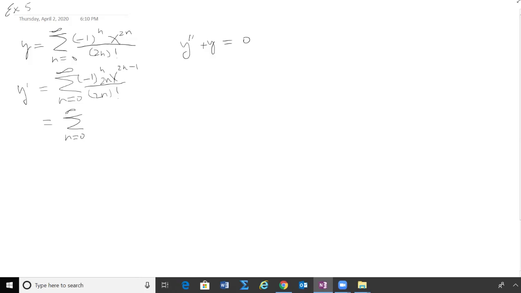It actually becomes negative 1 to the n, x to 2n minus 1, and down here we'll have a 2n minus 1 factorial. And the 2n cancels with this 2n. You remember how to do that. You'd have to expand it. You have a 2n and then a 2n minus 1 factorial like that. So you get rid of that and you just have this.